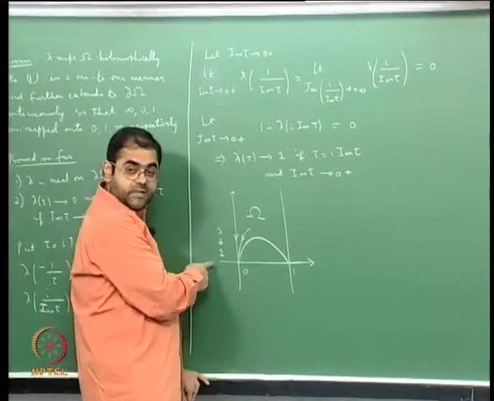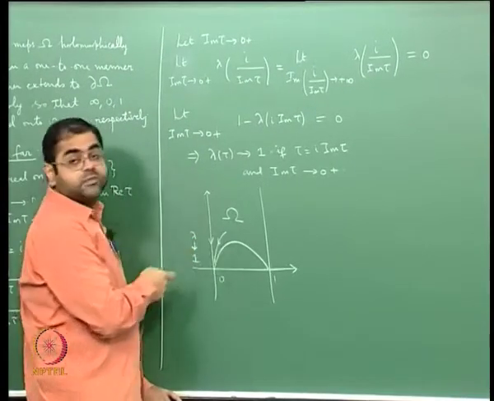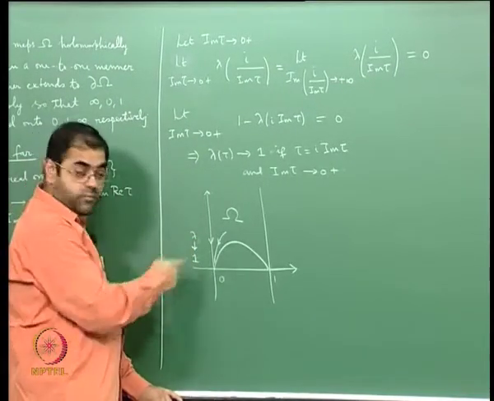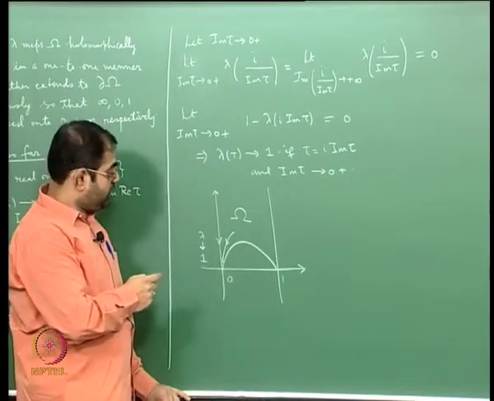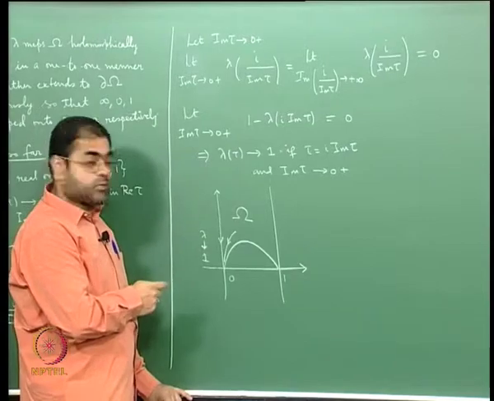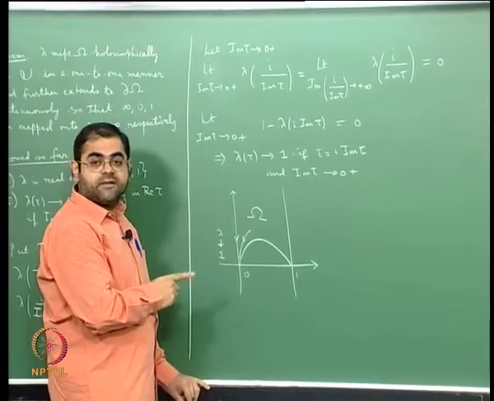Therefore so long as you are within omega or on the boundary of omega, if you let tau approach 0, then lambda will take the value 1.